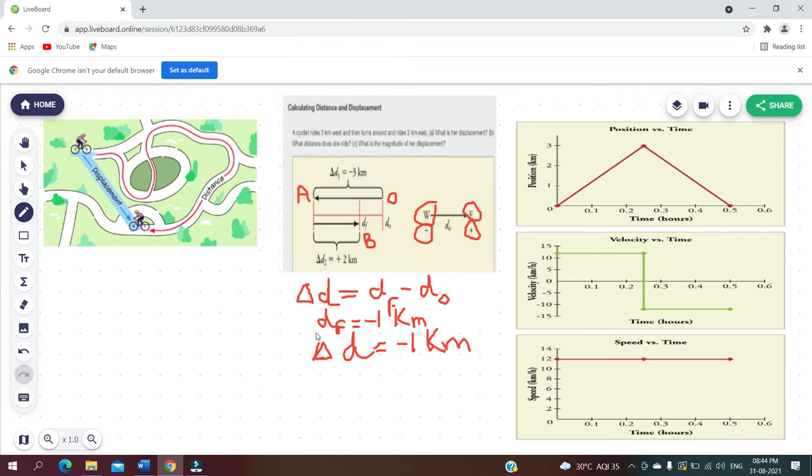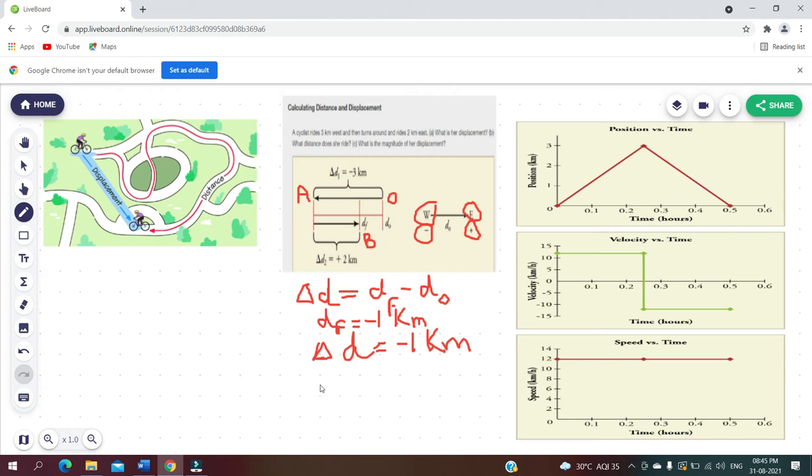Now what is the distance traveled by this cyclist? When we find out the distance, we will not take care of these signs, we will just take care of the magnitude. So from O to A it travels a distance of 3 kilometers, and from A to B it will travel a distance of 2 kilometers.